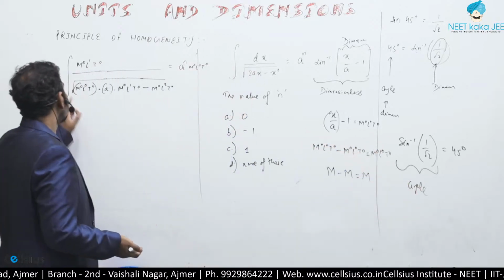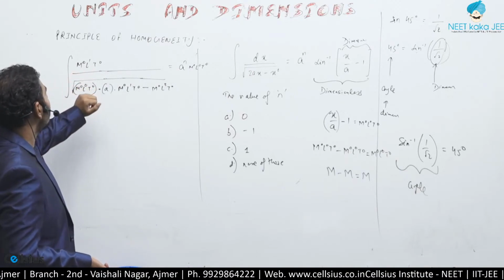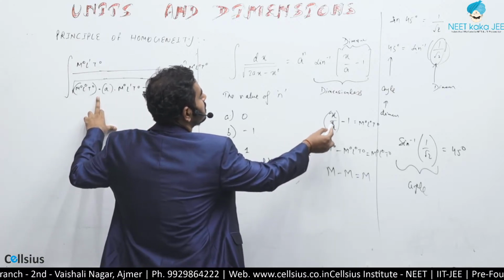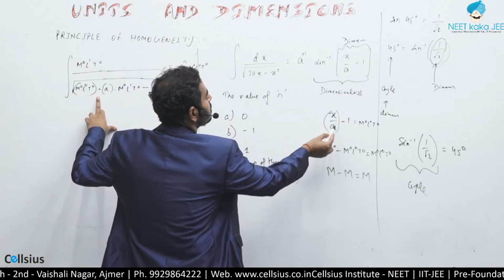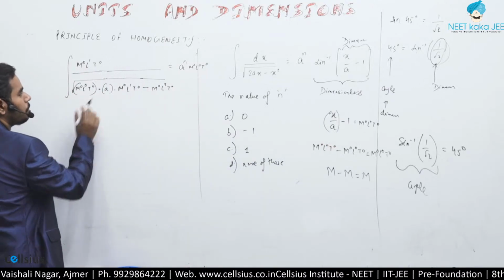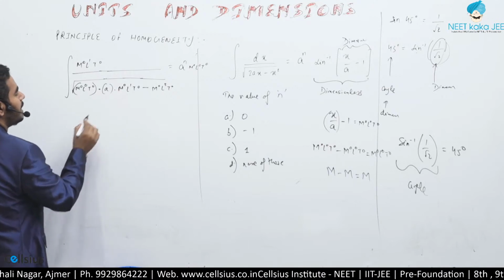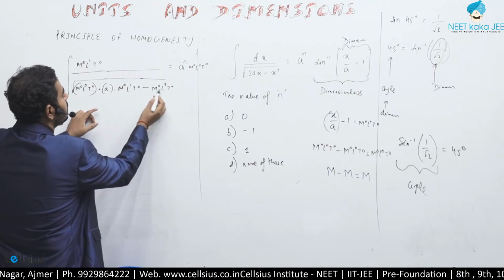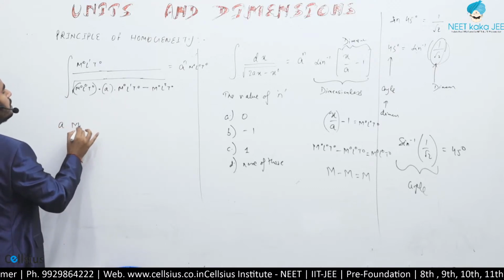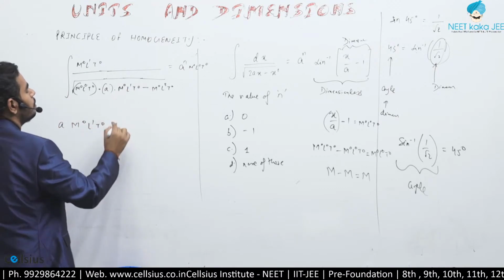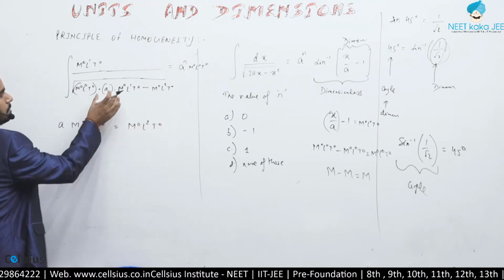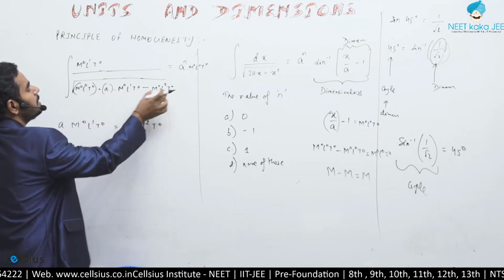So it is written integration of m0 l1 t0 upon this. From over here we came to know, because x by a must be dimensionless, the dimension of x must be equal to the dimension of a only. This will be pretty clear from over here also, because these two are separated by a minus sign, so if you multiply this, you will be writing a into m0 l1 t0 must be equal to m0 l2 t0, because dimensionally both must be equal.